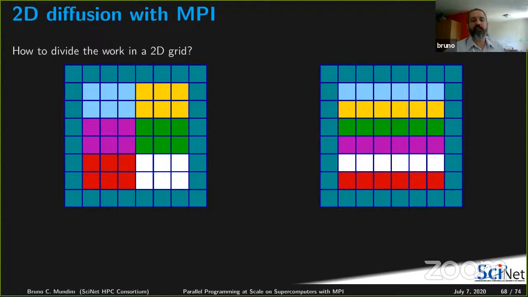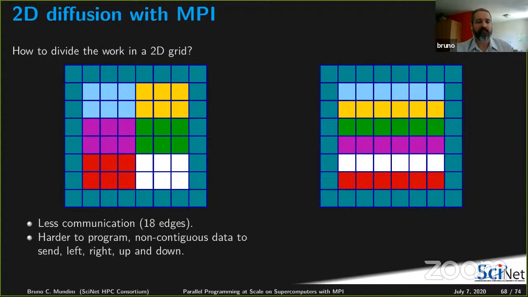So how do I divide the work in a 2D grid, for example? I would have more freedom to do that, right? So for example, this here would be more efficient and end up being faster because I have blocks of the data, and the surface between the 2 processes is going to be smaller. So there is less communication, with 18 edges. You could imagine sending 18 doubles between the nodes.